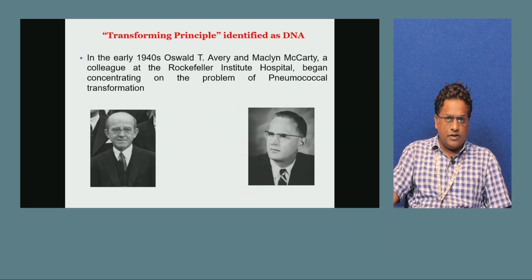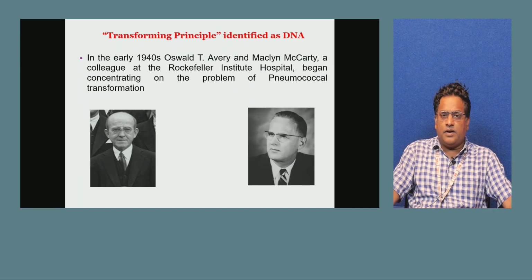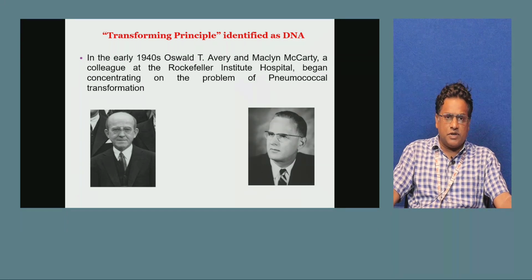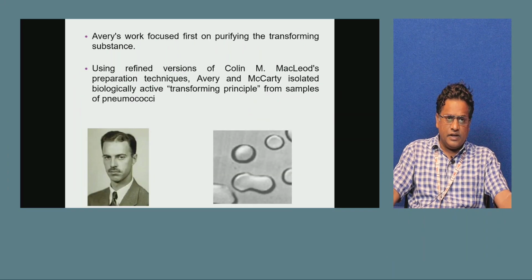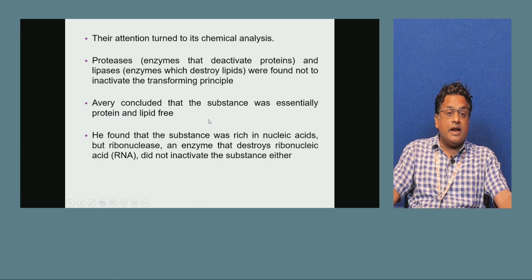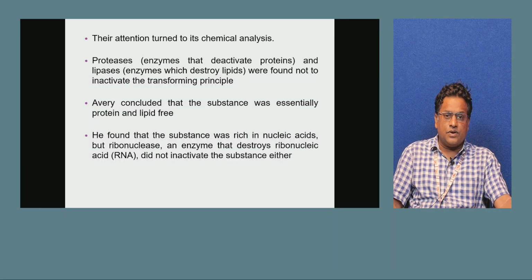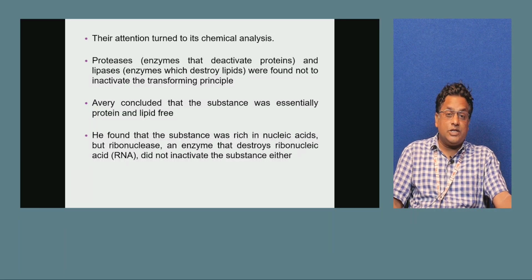Then again, Oswald Avery and MacLeod and McCarthy did pneumococcal infection experiments where they found this method of transformation, and they analyzed this transformation too, did some chemical analysis and so on, and they found it was actually the DNA.